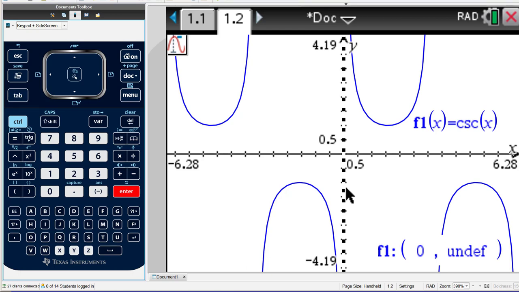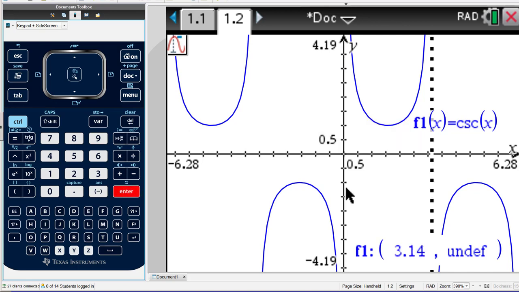So we could type in the trace menu just pi, and it should also show up x equals pi. It'll show up as 3.14, approximately pi, and then undefined. So you can test them in there, and you can do the same process for secant and tangent and cotangent.